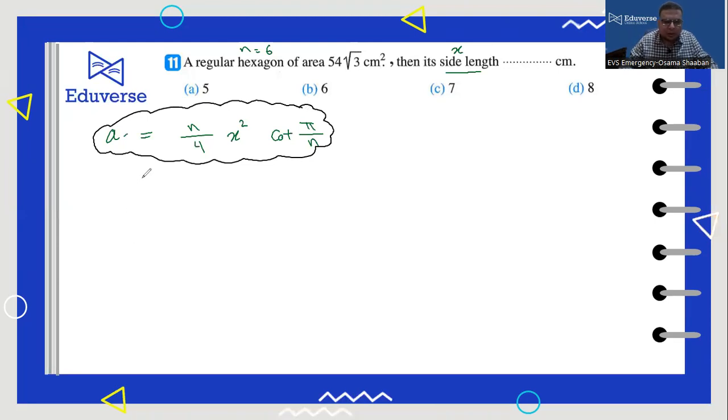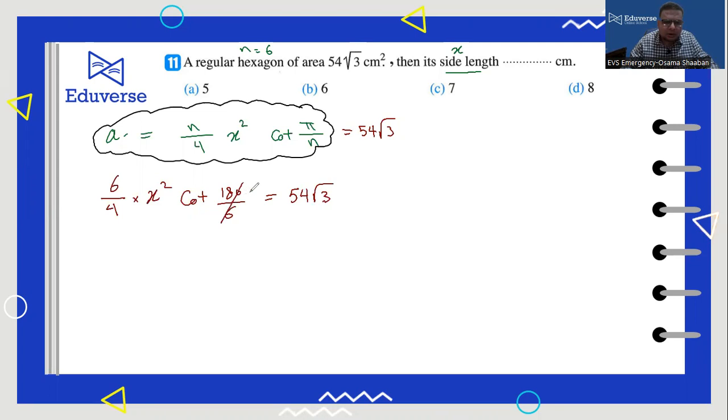So here the area is 54 root 3. So n is 6, so 6 over 4 multiplied by x power 2 multiplied by cotangent of 180 divided by n equals 54 root 3.